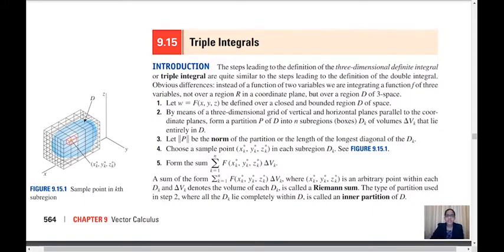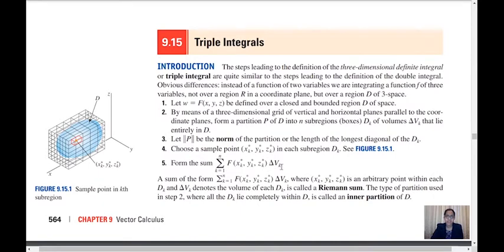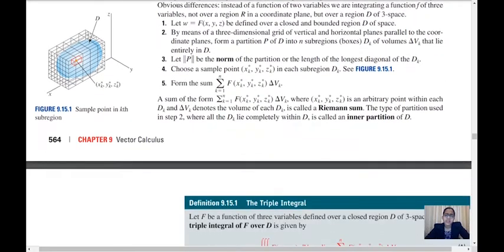Can you see the summation? The summation will be k equal to 1 to n of f of x k star, y k star, z k star, times delta V k, not delta A k. This is the Riemann sum, and we take the norm of P tending to 0.